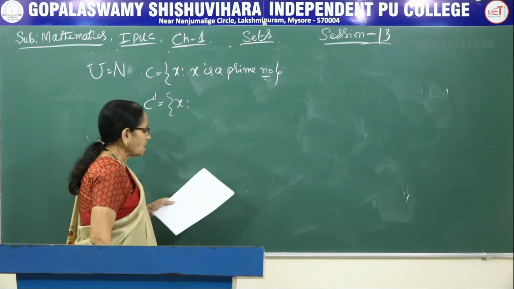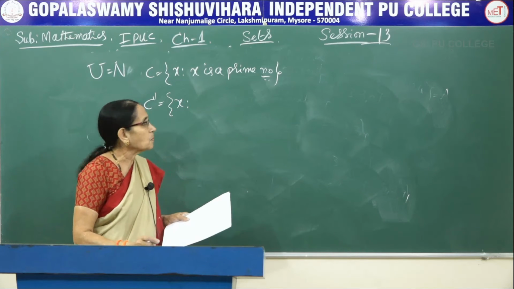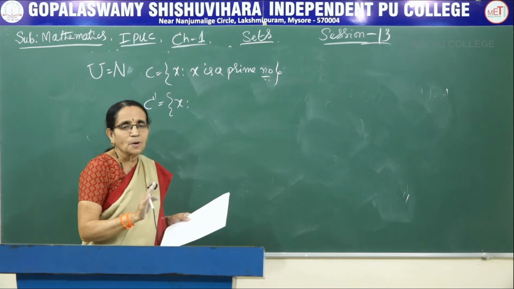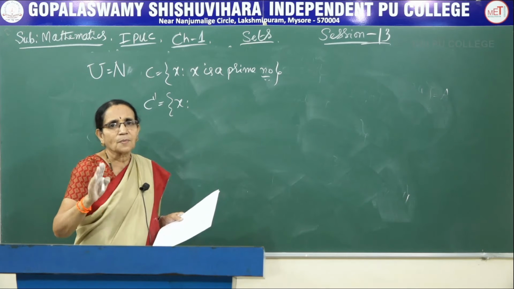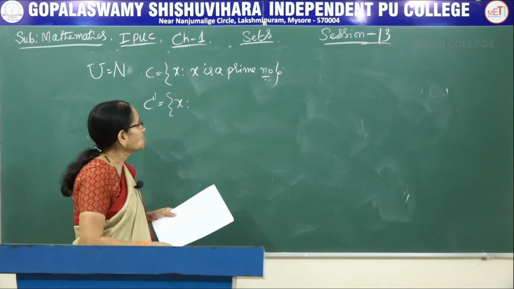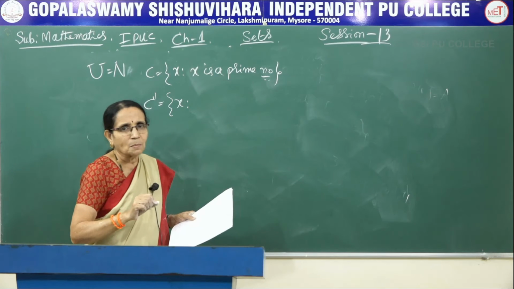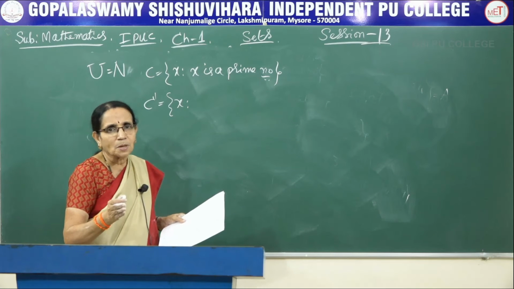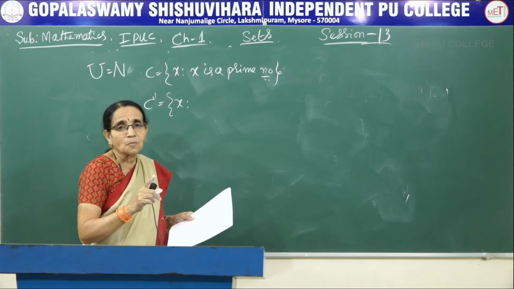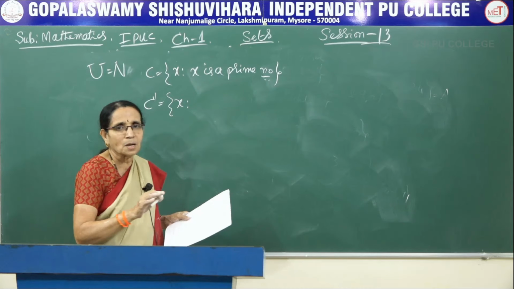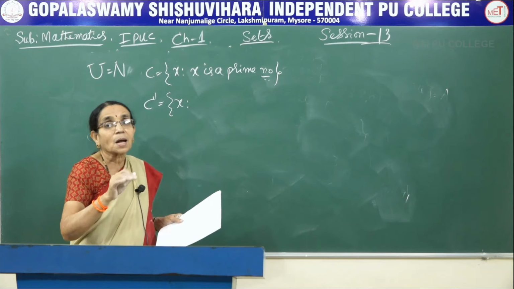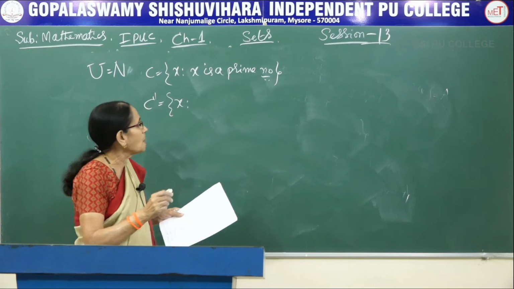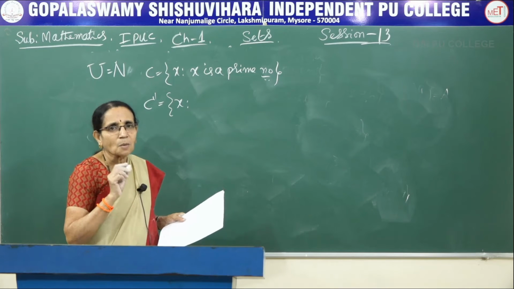Look here, the prime number we have, 2 is the first prime number. 2, 3, 5, 7, like that we write, isn't it? So 2 is the only even prime number. All the remaining prime numbers are odd. But 1 is neither a prime number nor a composite number. We define a prime number as a number greater than 1. Therefore, 1 is neither a prime number nor a composite number.